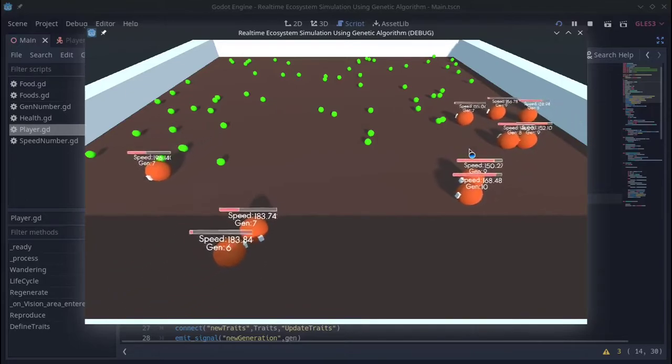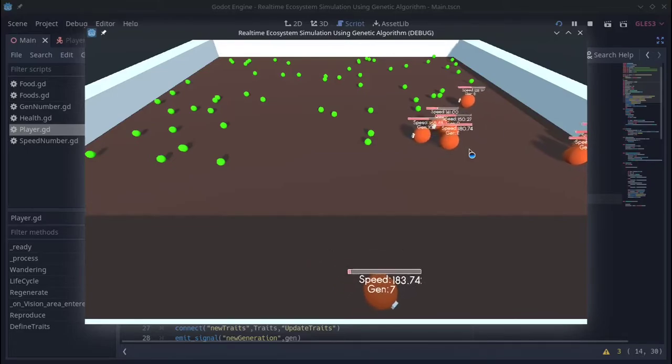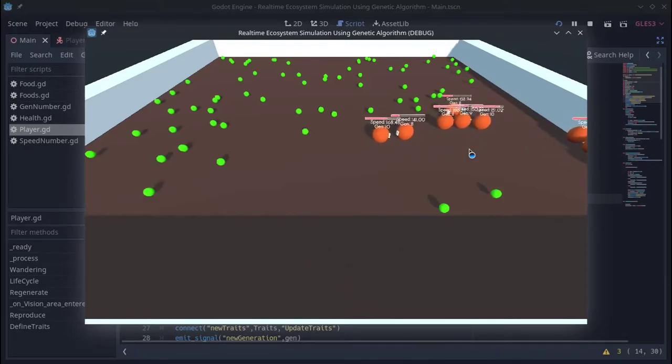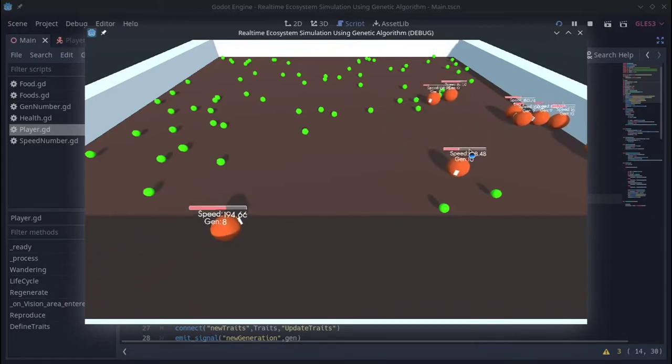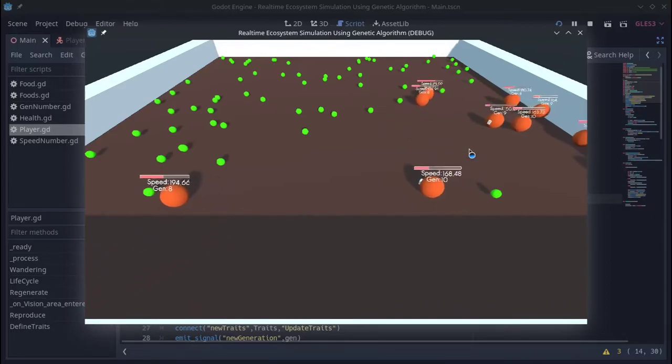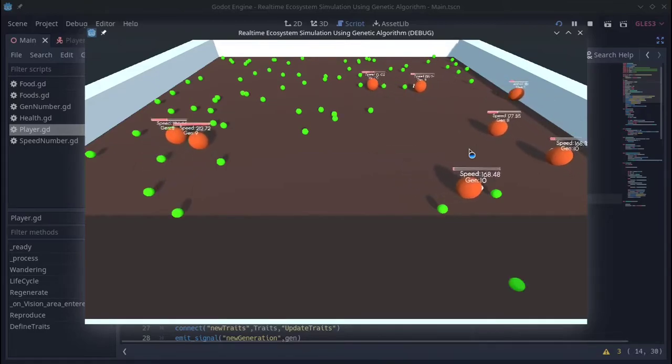And since the lifespan is our fitness value, those who live longer will have more children and obviously will pass on the trait which is close to themselves.